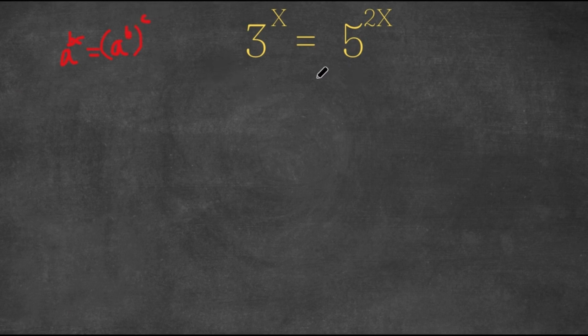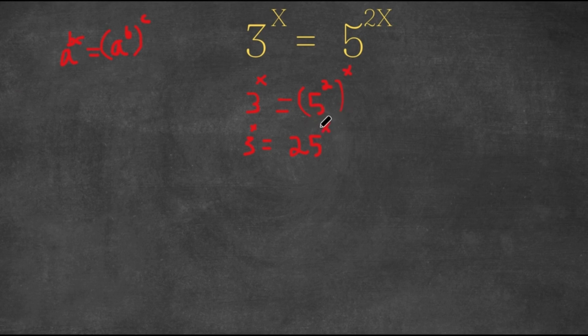So what we're going to write this as is, well, let's first write our 3 to the power of x, and this equals 5 to the power of 2 to the power of x. Now, 5 to the power of 2, as we all know, is 25, right? So this is 3 to the power of x equals 25 to the power of x.